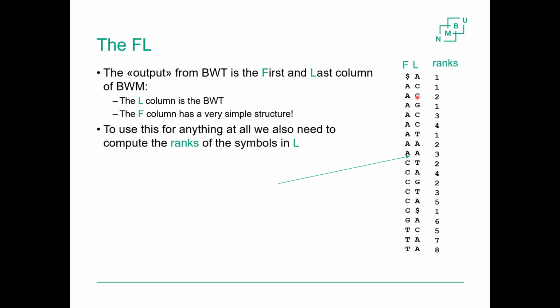But here we have another C. So this gets then rank 2, right? This is a second C, right? This is the first G. It has rank 1. And then we have a C again. Now the rank is 3 because we have already seen 2 C's before, right? And so on and so on. So that's the explanation for these values here. You simply enumerate the symbols from top to bottom. So this is A number 1, A number 2, and A number 3 here, right?